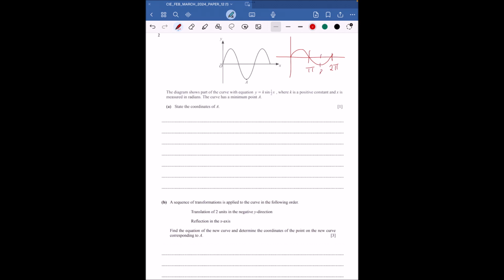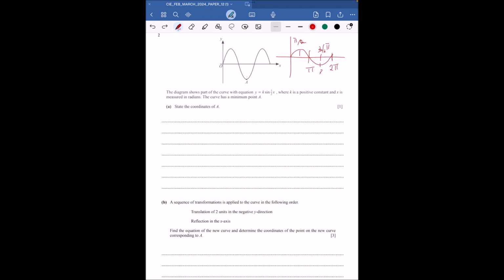Here is 3 by 2 pi. Here is pi by 2, which is 90. So this point is this point. But they told me y equals k sine half x.